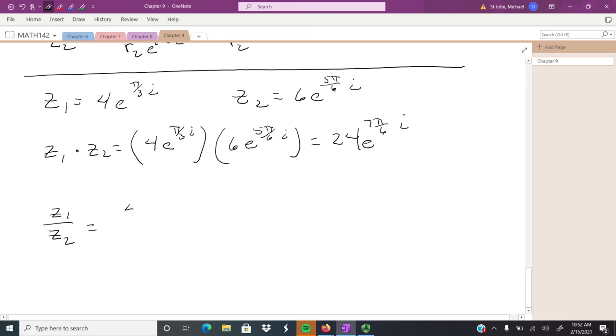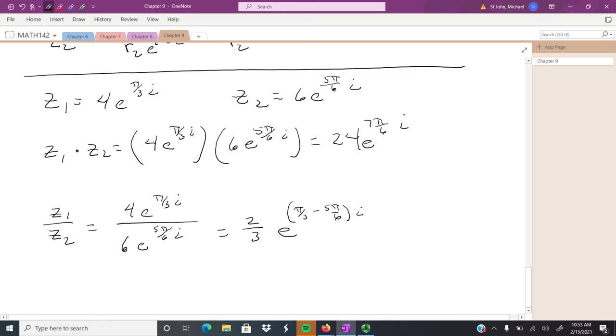And then if we do the other one, which is z1 divided by z2, I get 4e^(πi/3) over 6e^(5πi/6). Now in terms of this one, we'll get 4 over 6, which is going to give me 2/3 e, and we're now going to have pi over 3 minus 5 pi over 6.